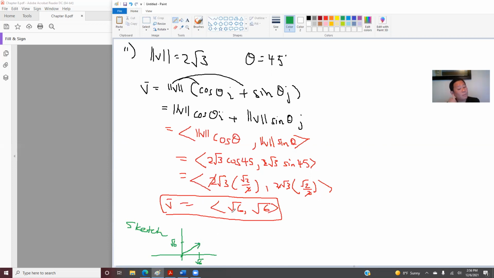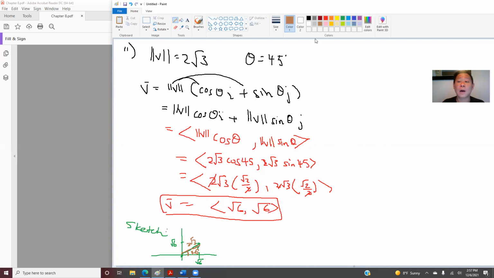Your x component, or first component, is √6, and your second component is also √6. If you look at the direction, this is going to be 45 degrees, because the question gave us 45 degrees. If you measure the length of this vector, the length is 2√3, as given. So this is how you sketch this graph.